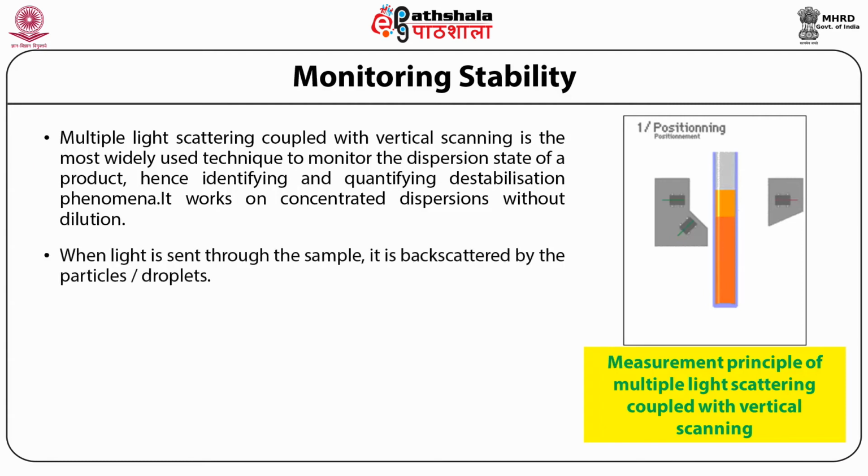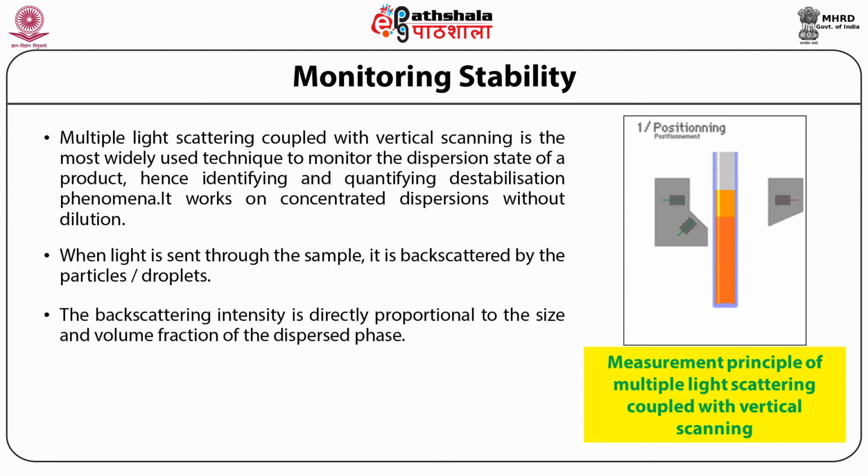So when light is sent through the sample, it is backscattered by the particles or droplets. The backscattering intensity is directly proportional to the size and volume fraction of the dispersed phase.